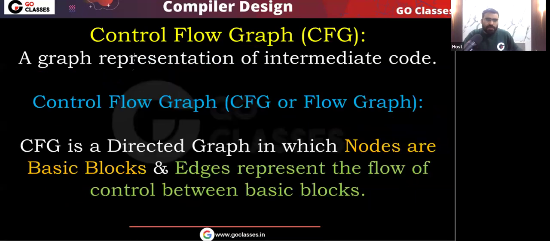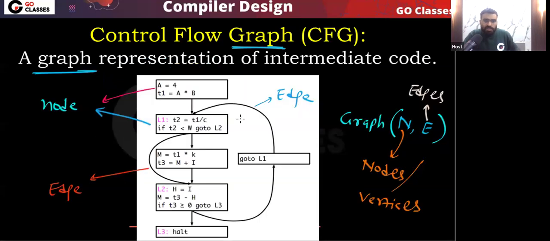So let's see the definition. The control flow graph is a graph representation of intermediate code. Now this CFG is a directed graph. You can easily see in this diagram also, all the edges have direction.